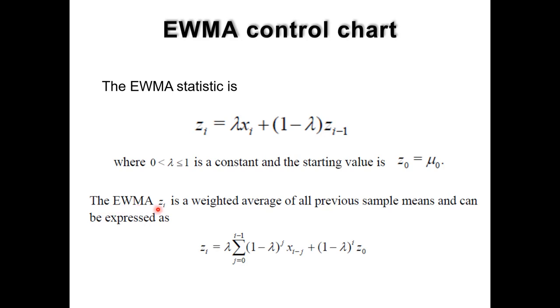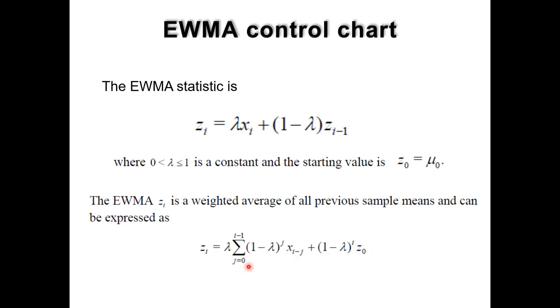So the EWMA Z statistic is a weighted average of all previous sample means and can be expressed in terms of this formula, whereby Z i equals lambda times the sum of 1 minus lambda to the power of j times X i minus j, from j equals 0 to i minus 1, plus 1 minus lambda to the power of i times the initial Z statistic, or we call it the EWMA statistic.